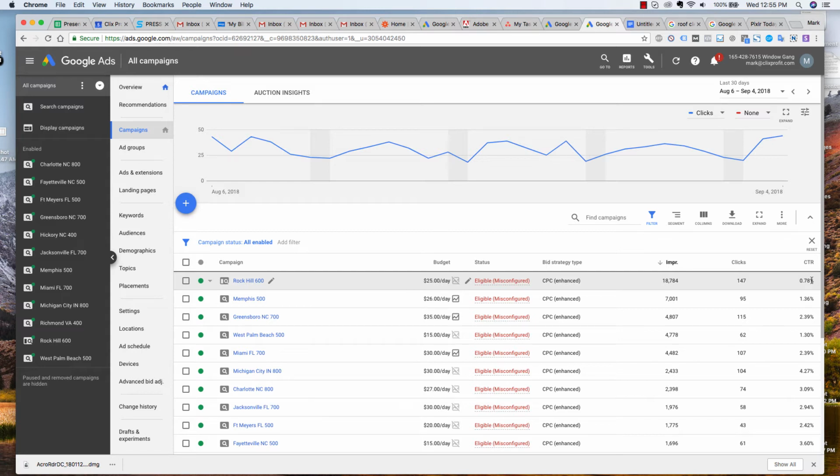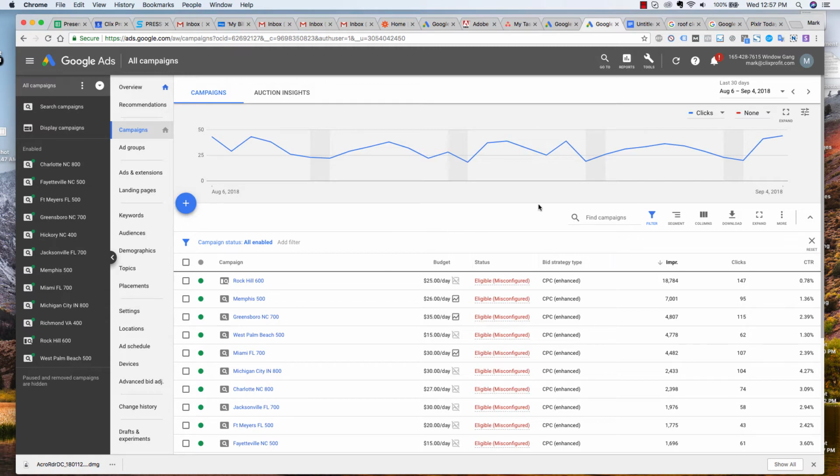So I'm guessing Google isn't going to like this campaign very much because they're not making very good money on it. Again, all you do is click on campaigns, then columns, and then just these 3 columns because we're still kind of learning what these things are.